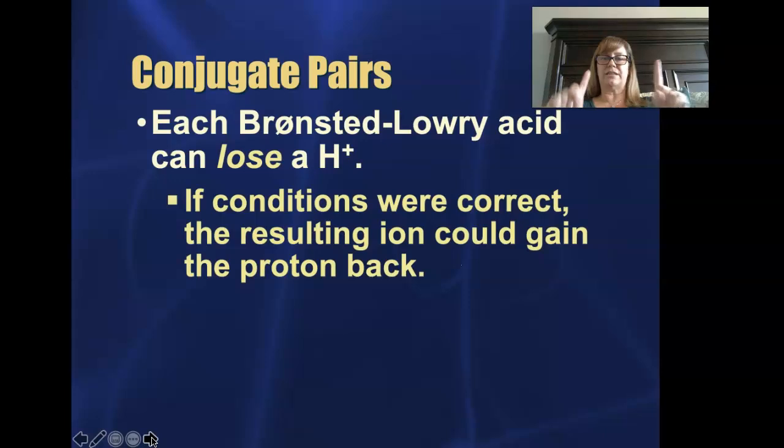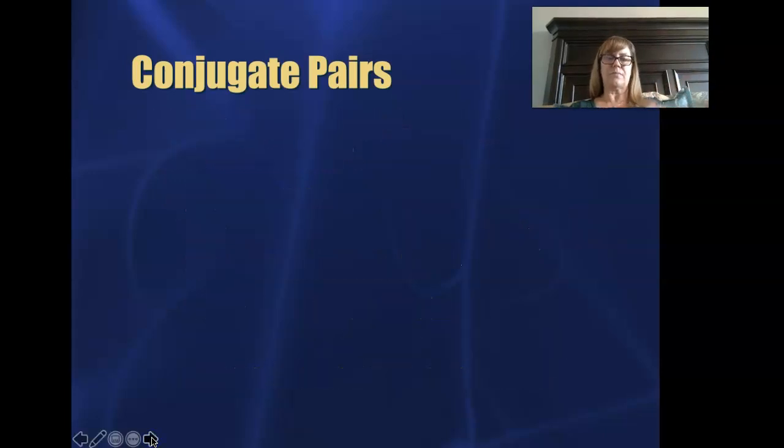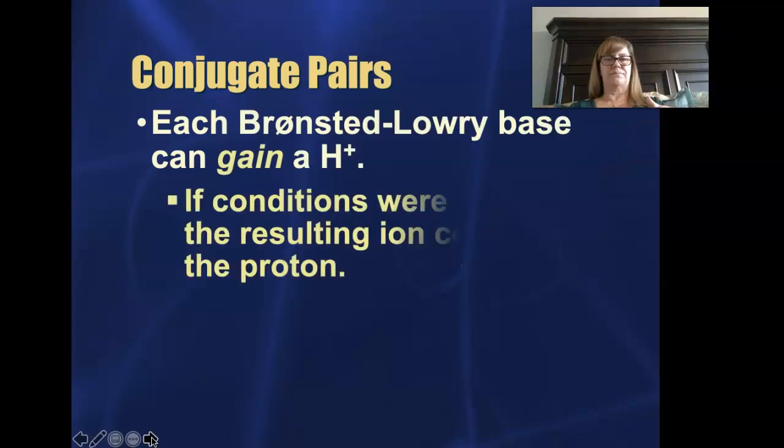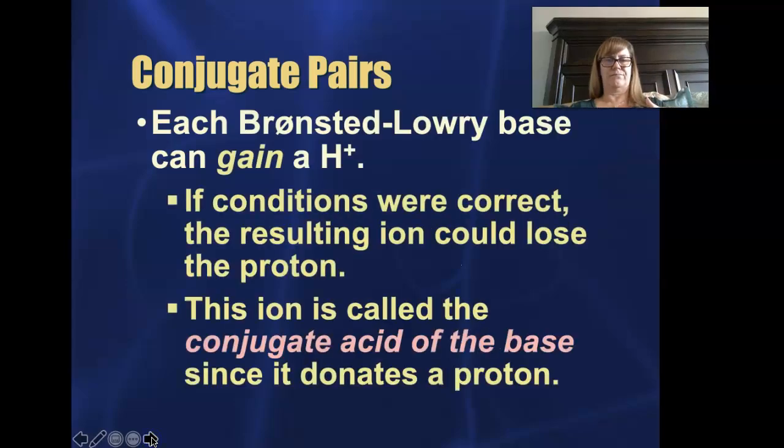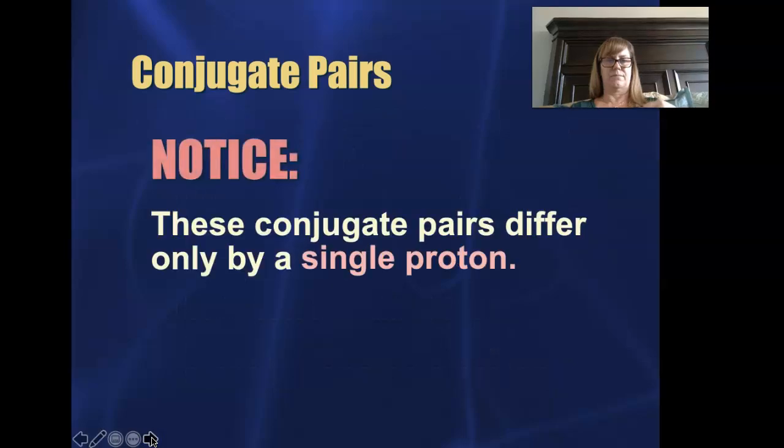And so that's where you'll get these conjugate pairings come in. This is key in identifying which ones are conjugate acid-base pairs. They differ by one hydrogen ion, one single proton.